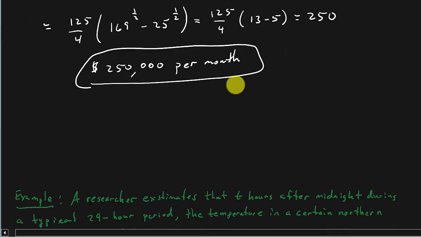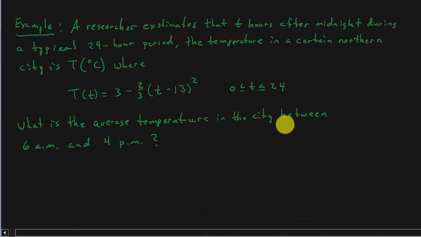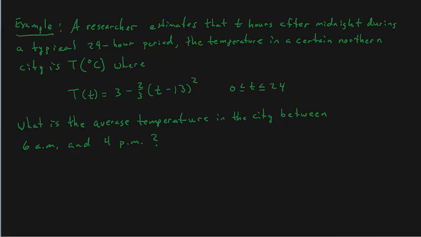All right, this one right here is our last example. It says a researcher estimates that t hours after midnight during a typical 24-hour period, the temperature in a certain northern city is T(t) degrees Celsius, where T(t) is equal to 3 minus 2/3 times (t minus 13) squared.